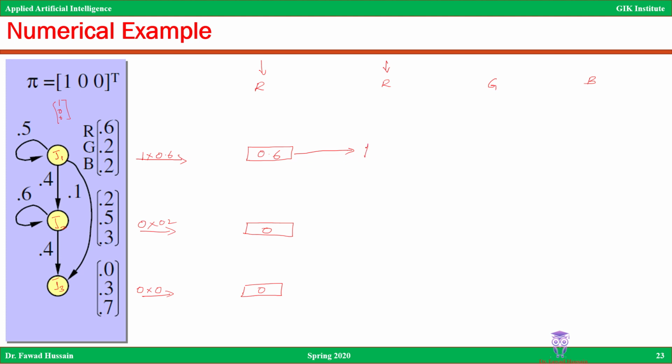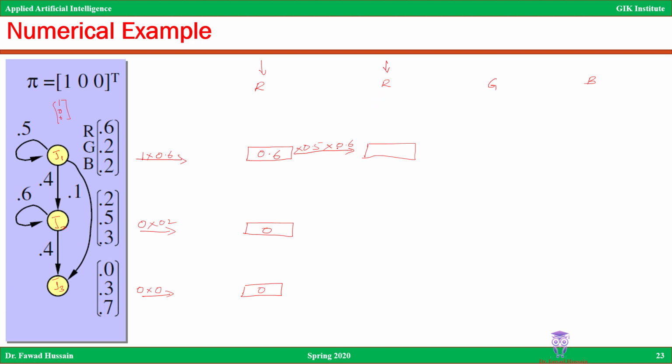So what's the probability that from the first jar I will remain in the first jar and then select a red? The probability of selecting a red in the first jar was already calculated as 0.6. So this is going to be 0.6 multiplied by the probability of remaining in the first jar, which is 0.5, multiplied by the probability of selecting a red, which is 0.6. What this means is, I got the first red ball from the first jar, and then I again selected the first jar, and I again selected a red ball.